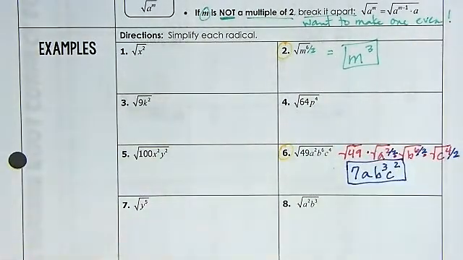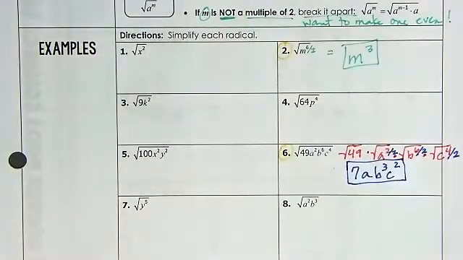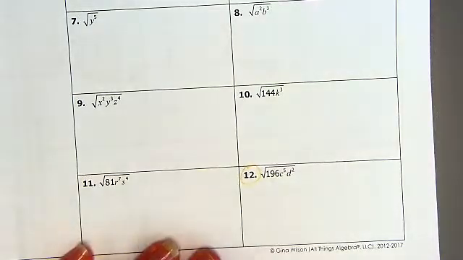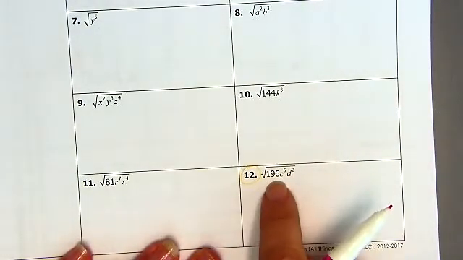And there's the final answer. All right, next example. We're moving right along down to number 12. You can look back at 6-9's notes to remember your square roots, or you can just punch it into the calculator.